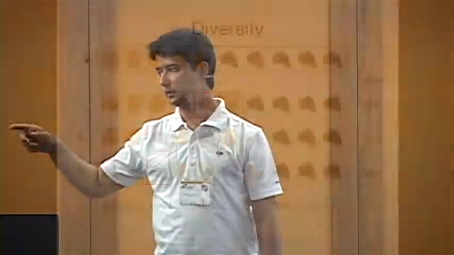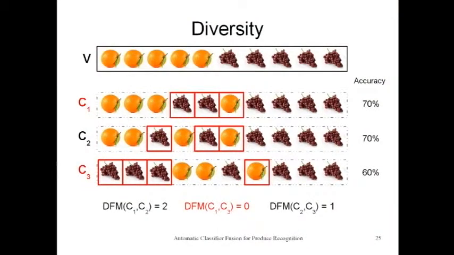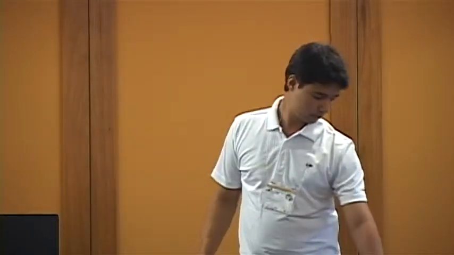Using one of the diversity measures, it's possible to measure this diversity and use this information to select classifiers among the three. DFM is one of the diversity measures we have used, and it measures the double fault, where both classifiers make errors on the same sample. Using this metric, we have 0, which is a good candidate to combine.